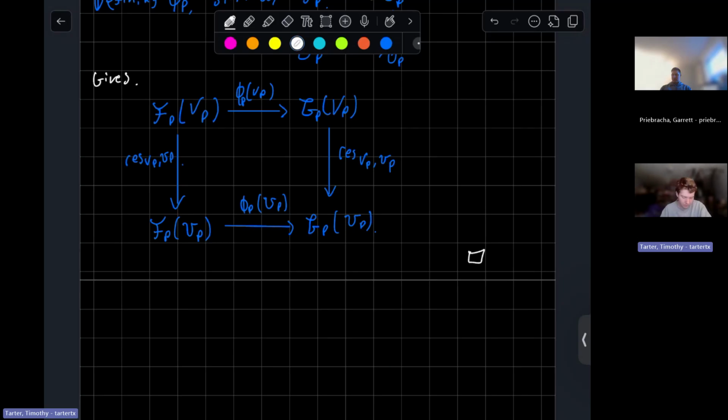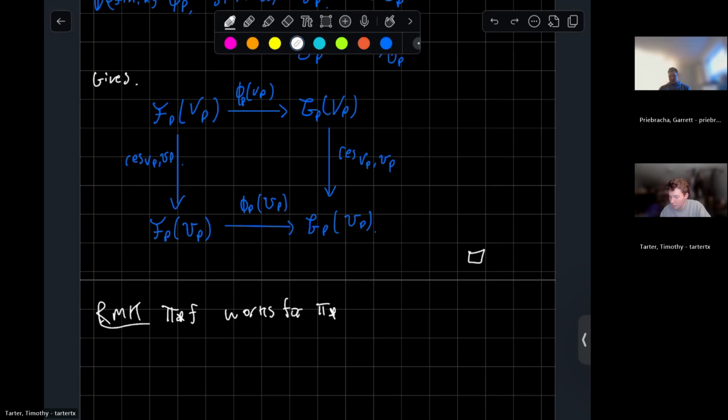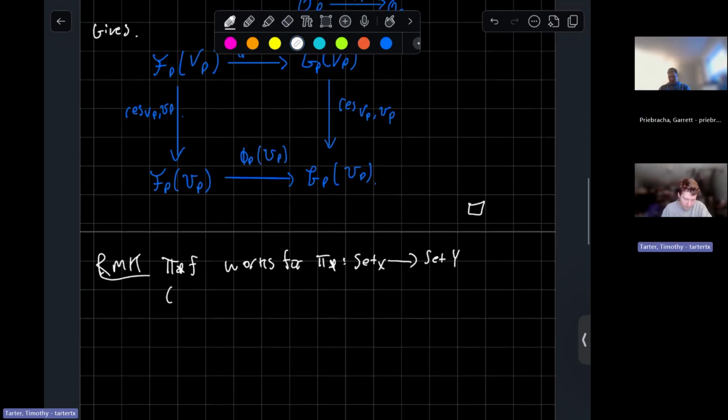Put this as a remark: pi star f works for pi star from set x to set y, and for other abelian categories.